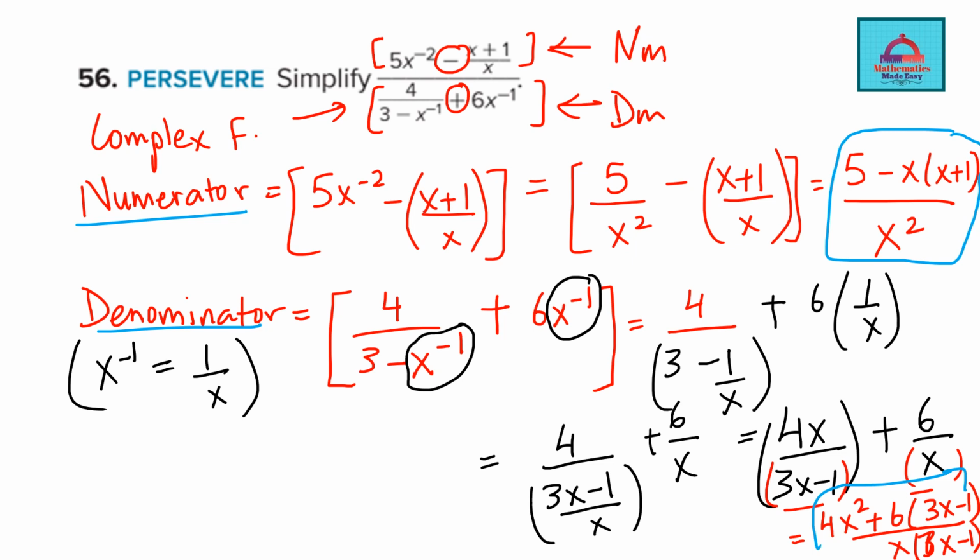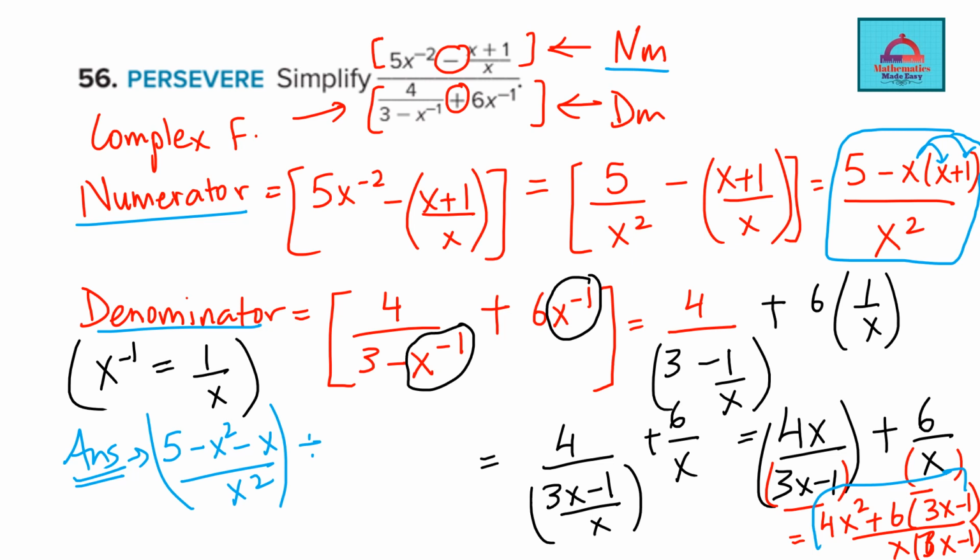Final step, you have to divide numerator by denominator, which means your final answer would have, let us simplify this more. So we are doing your multiplication, 5 minus x square. Because of the negative sign, I'm going to change it to minus x over x square. This is numerator divided by, this is the denominator. Again, we'll multiply here.